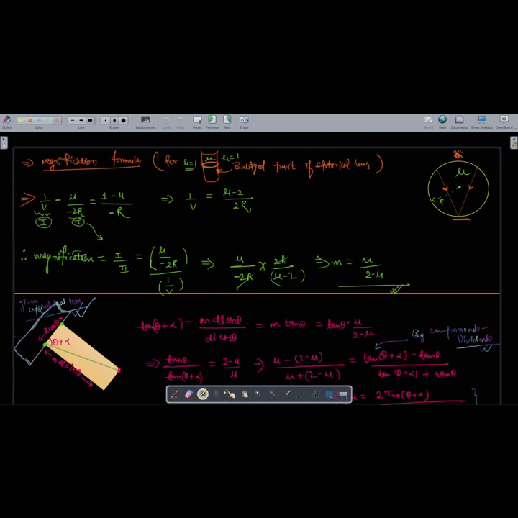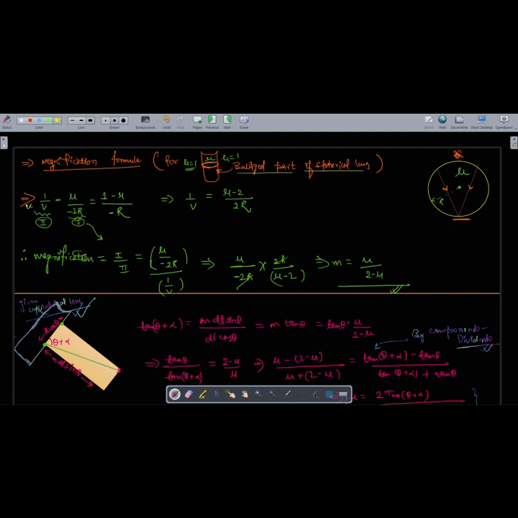For the magnification formula, this is the outer region, and this is also the outer region, and this is the cylindrical lens region having some sort of refractive medium, let's say mu. So this will be for the bulged part of the cylindrical lens, and its calculation will be like this.